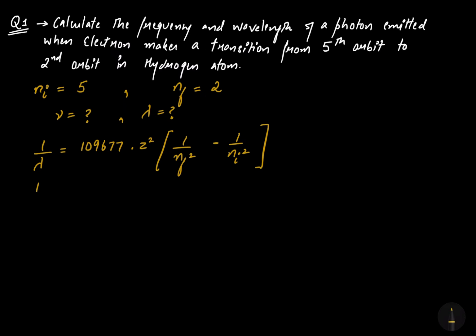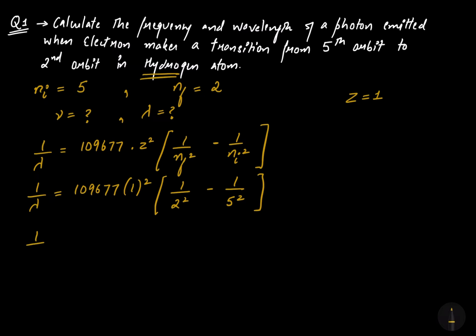So 1 by lambda comes out to be 109,677. We are calculating this for the hydrogen atom. For hydrogen, my Z is equal to 1. So it comes out to be 1 square into 1 upon Nf, the final orbit, which is 2, so 2 square, minus 1 upon Ni, the orbit in which the electron was initially present, which was 5, so 5 square.